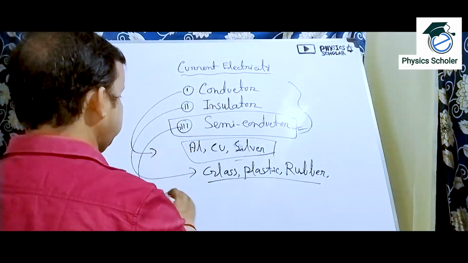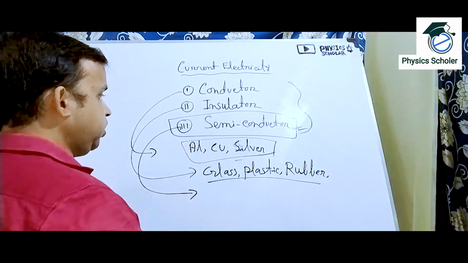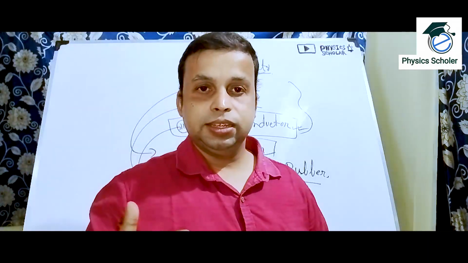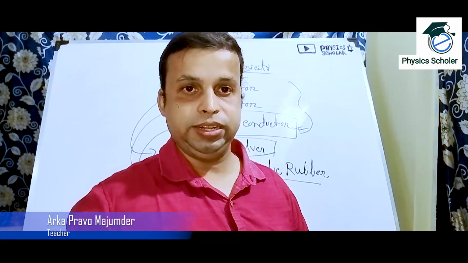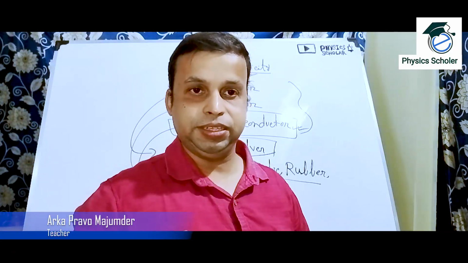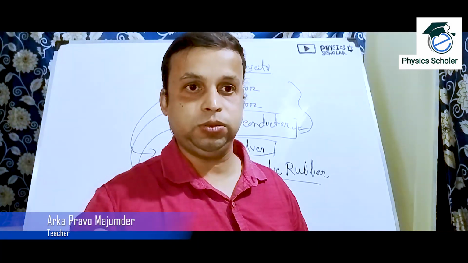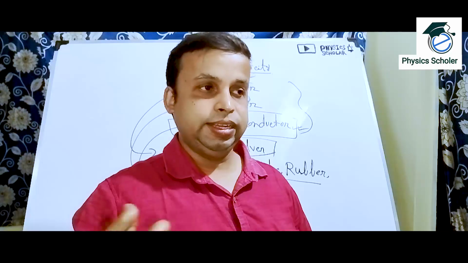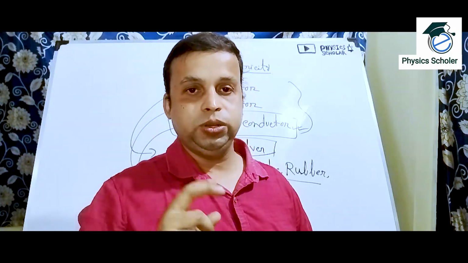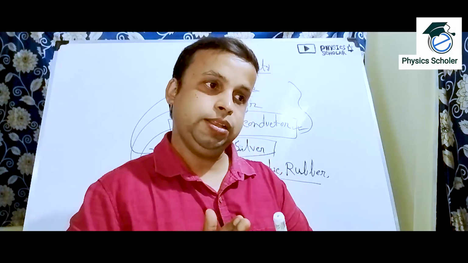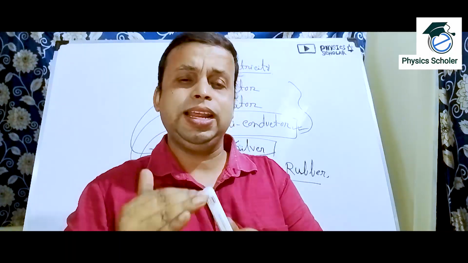Now the next one is semiconductor. What does semiconductor mean? In normal condition, it cannot carry current through it. But if we supply some energy from outside in the form of heat or light, then it can conduct a small amount of current. That means in normal condition it behaves just like an insulator.